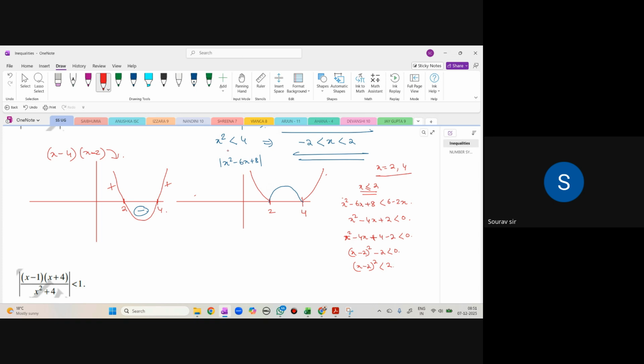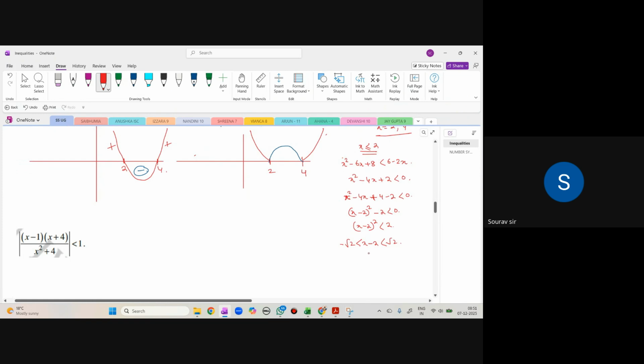So now you go back to the case that I explained here. x square less than 4 means x will lie between plus minus 2. x minus 2 whole square less than 2 means x minus 2 will lie between minus root 2 and plus root 2. So that means you get x is greater than 2 minus root 2 and less than 2 plus root 2.